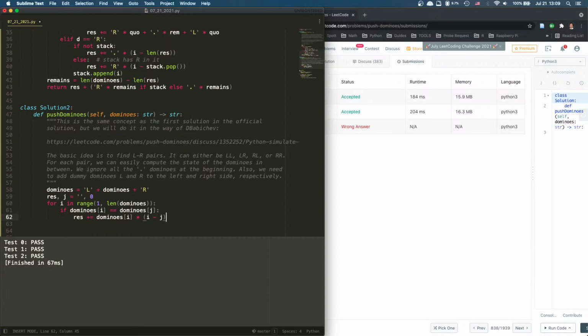J can be placed at the one that we have found already. So after that, j has to move, right? J is moving to here. And then if we find the same, we go this minus this. I think that's correct. So if it's equal, we do this.